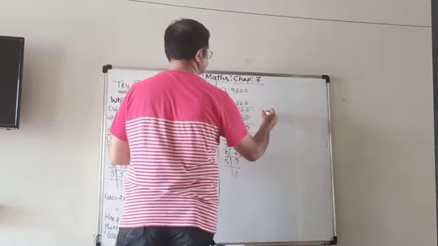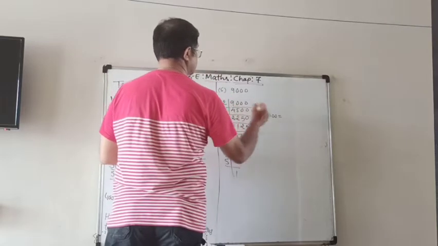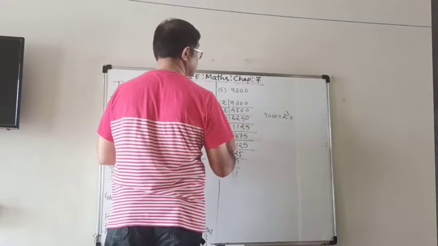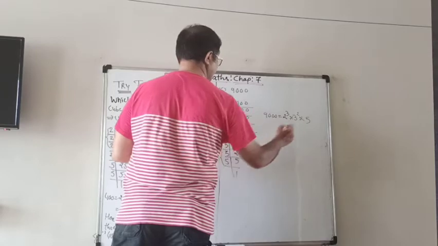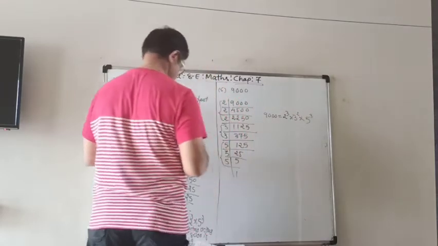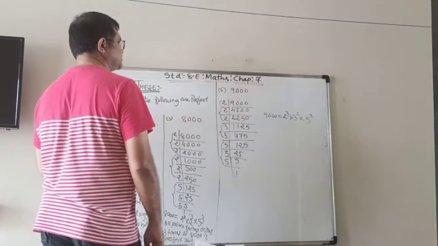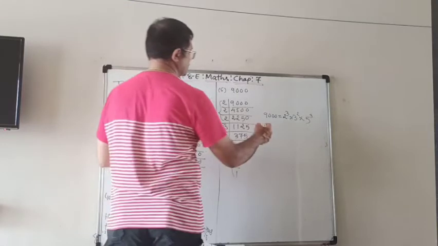So here 9,000 is equal to 2 cube multiplied by 3 square only into 5 cube. So here you can see that 3 does not come 3 times. It says that it is not a perfect cube.